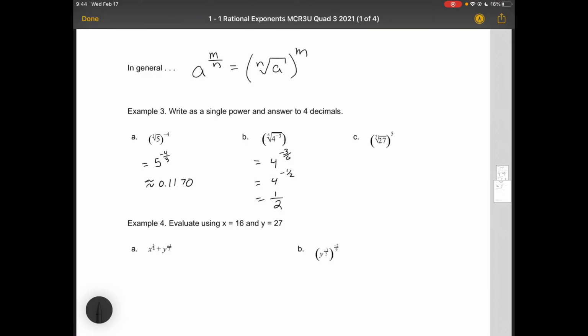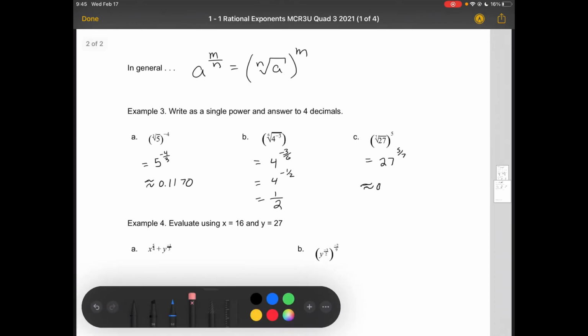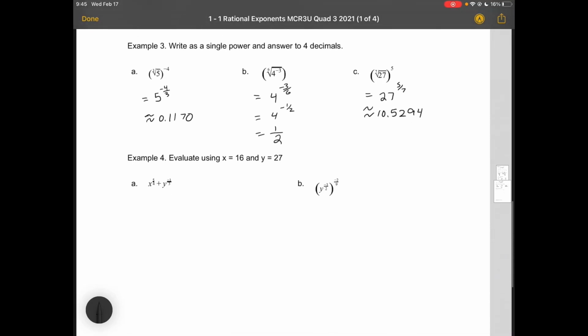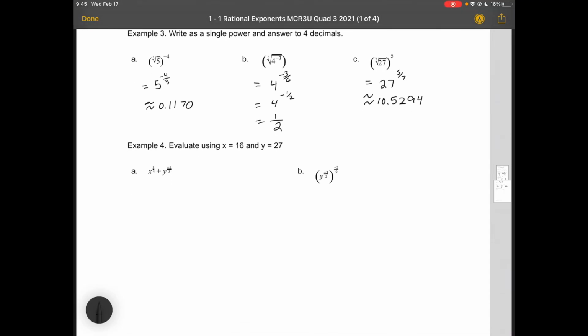My last one here, I've got 27 to the 5/7. Evaluating that is going to give me approximately 10.5294.